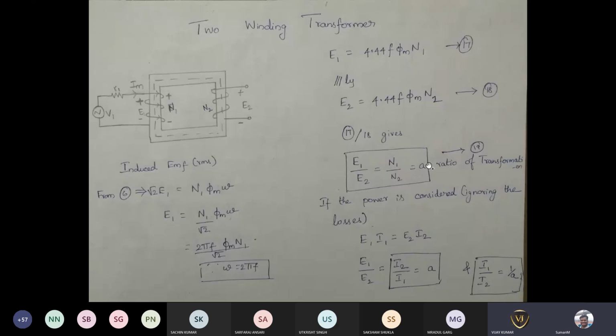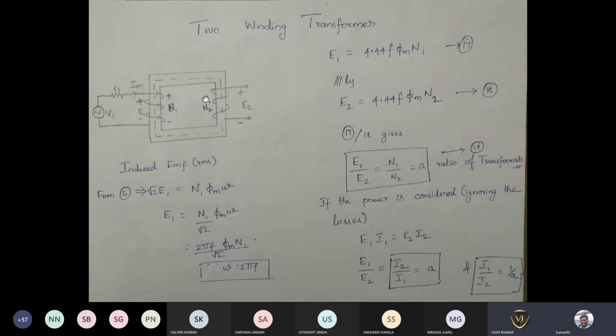You can call this A as the turns ratio. One thing you should note down: even if you have different numbers of turns on the primary and secondary, the voltage may differ or the current may differ, whereas the power will always be the same between the primary and secondary except for the losses.